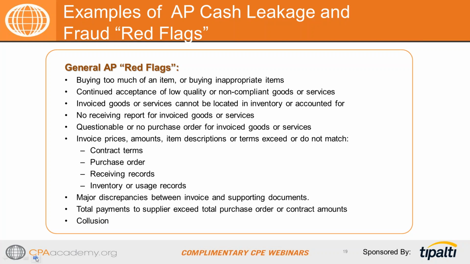And there are some disparities between contract terms, purchase orders, receiving records, and inventory or usage records. Major discrepancies between invoice and supporting documents. Total payments to supplier exceed total purchase order or contract amounts, and collusion. Now, I'll tell you, collusion is a hard one to get, but sometimes it does involve investigation along with data.